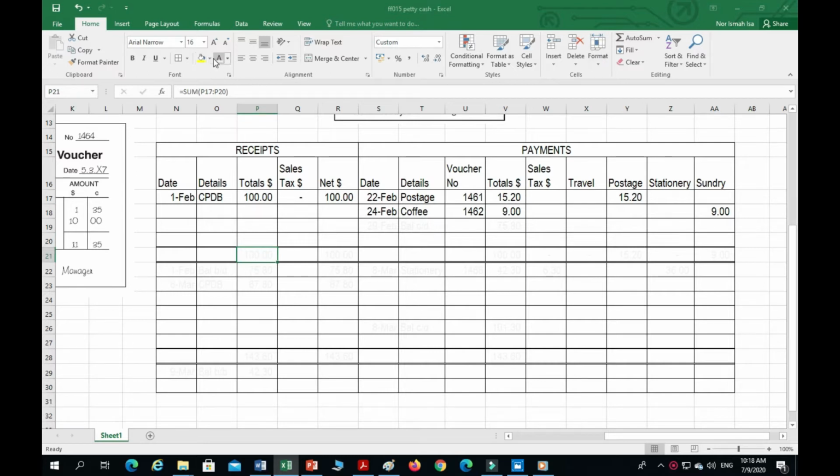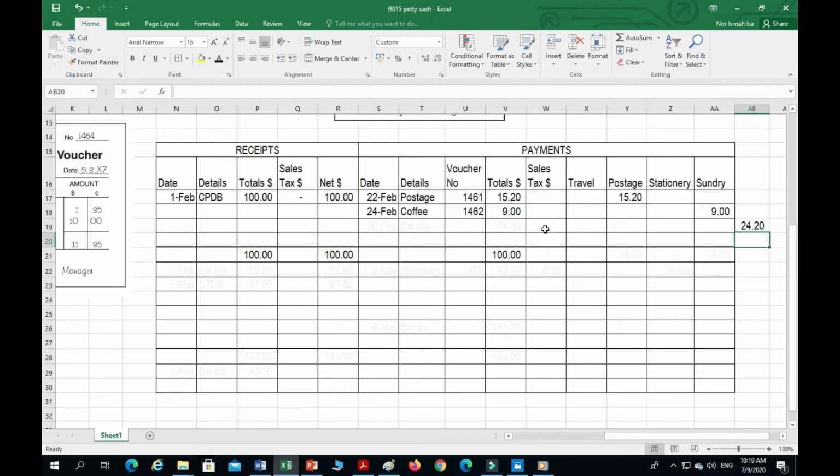So this is the total for receipts, and the total for the net amount. This is 0, and this amount is carried to the total of payments. And here we have the total amount.